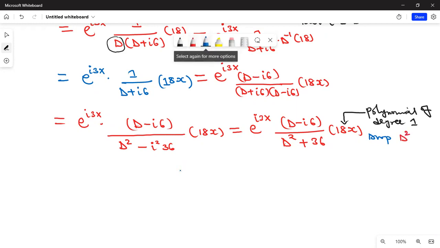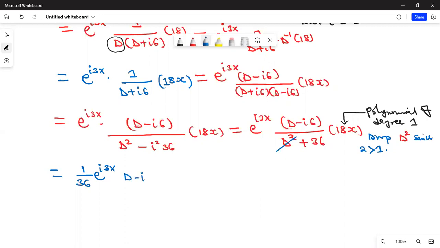Why? Since 2 is greater than the degree of the polynomial, which is 1. So I'm going to drop this so that what I have is now 1 over 36 exponential I3x times D minus I6 operating on 18x.